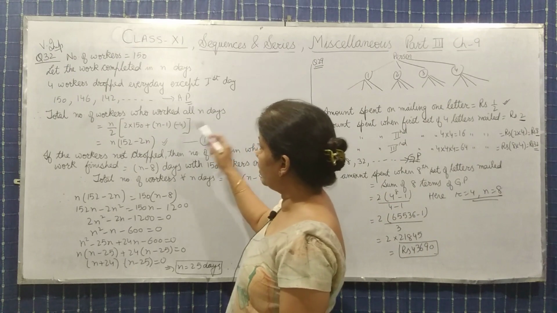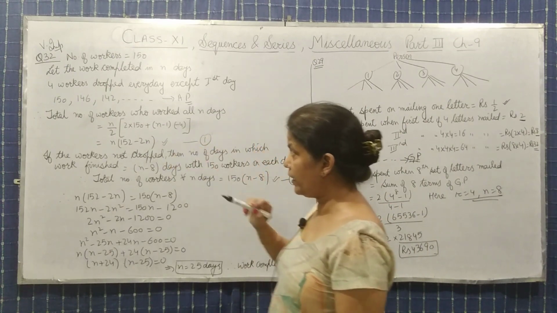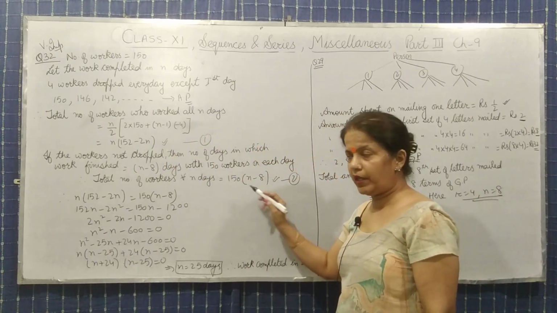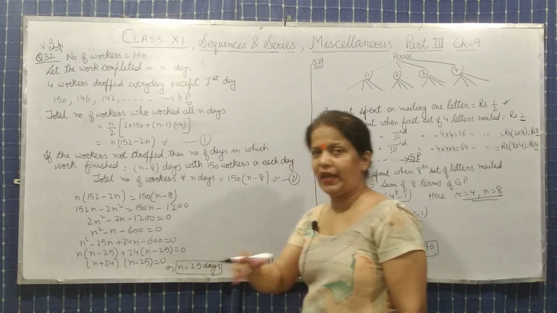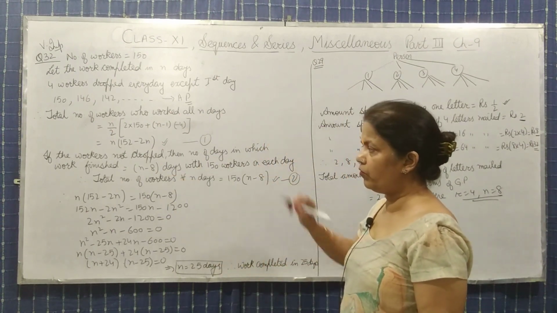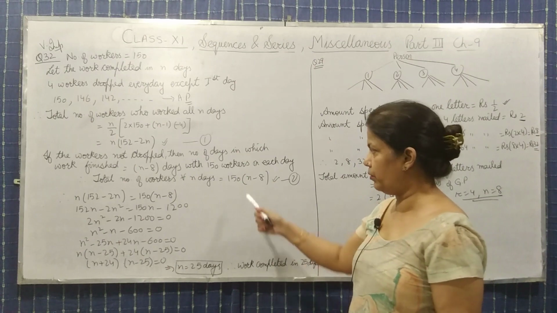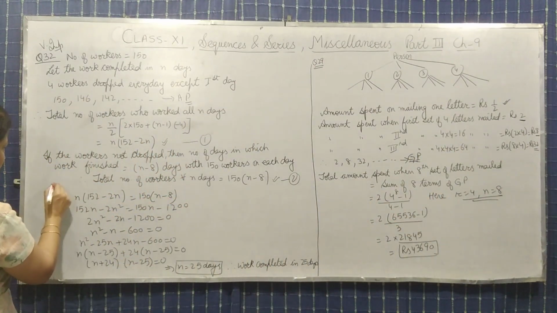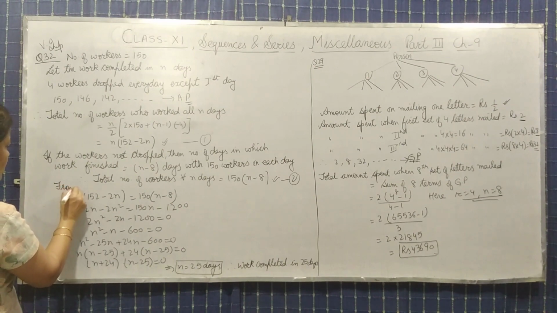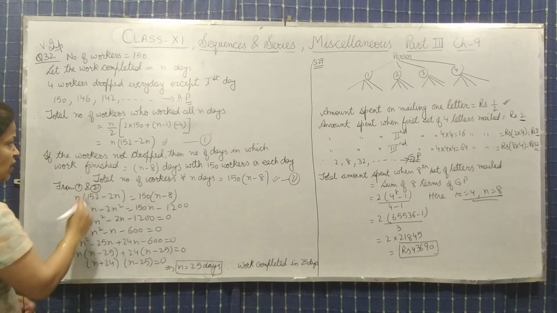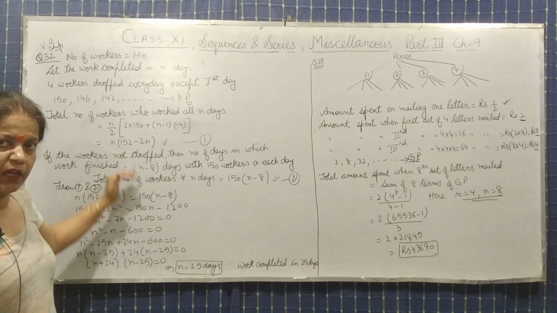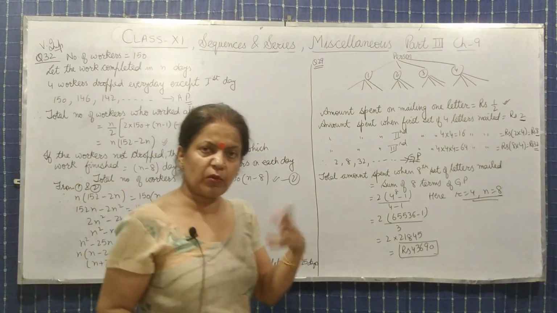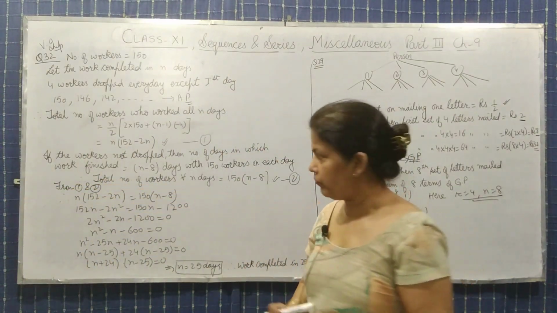So the total number of workers ये आ गया, and अगर वो ड्रॉप नहीं कर रहे तो 8 days पहले काम हो रहा है, then the total number of workers will be this one. So from equation 1 and 2, first and second, what result you will get? Both of them will be equal to each other, isn't it? Because both of them are the total number of workers.